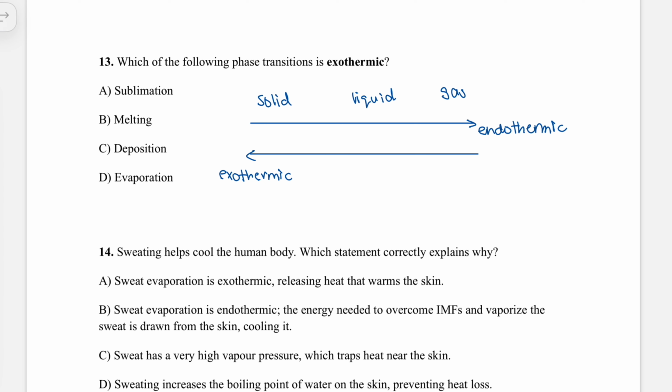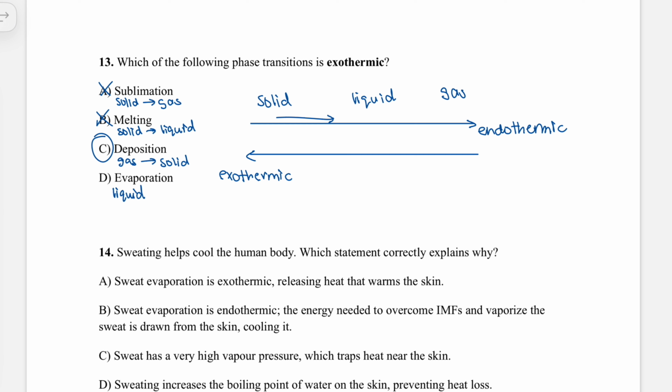So this is not it. Deposition is the opposite of sublimation, which is going from a gas to a solid, which is moving in this direction. So this one is exothermic. And then let's just look at evaporation. Evaporation is liquid to gas. So it's also moving in the endothermic direction.